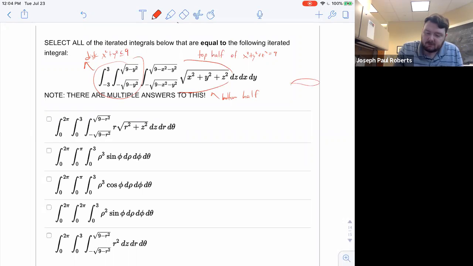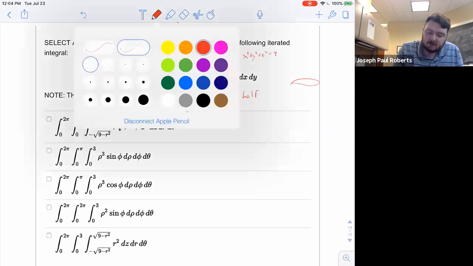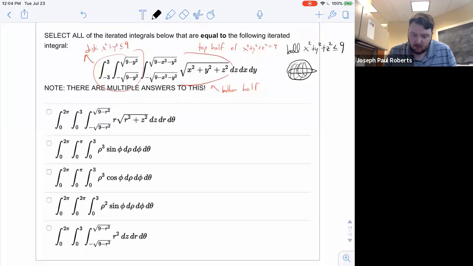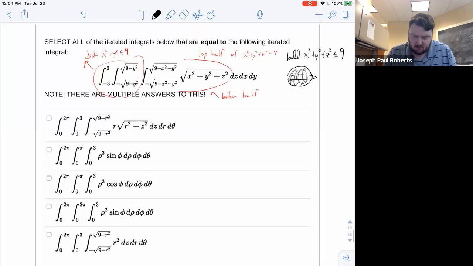So essentially this region of integration is the entire solid ball, x squared plus y squared plus z squared less than or equal to 9. So as far as spherical coordinates goes, that's 0 to 2 pi for theta, 0 to pi for phi.